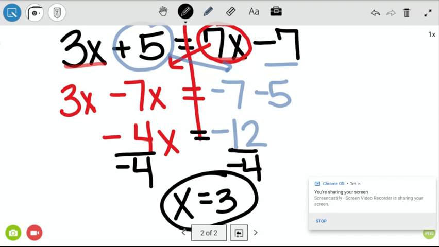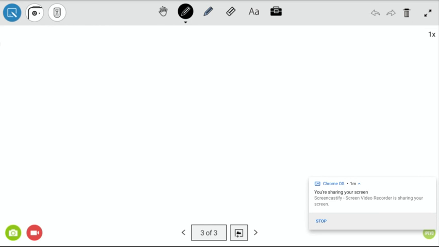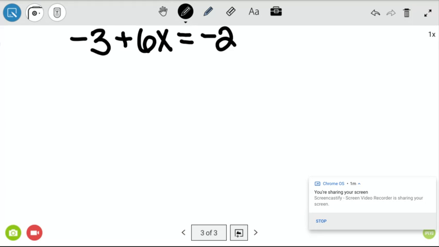All right, so let's try another example. Negative 3 plus 6x equals negative 2x minus 27.